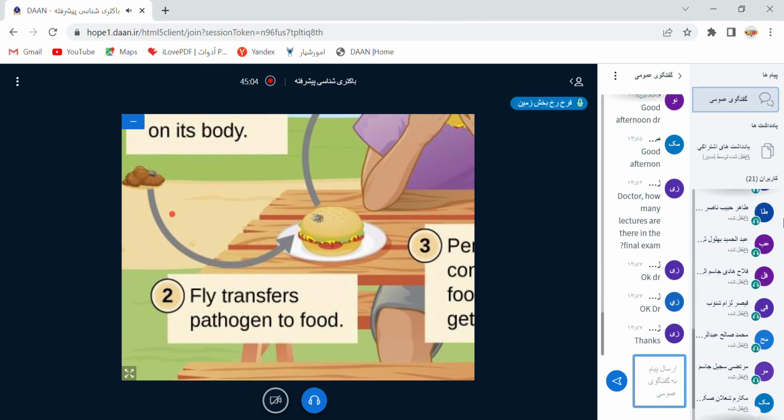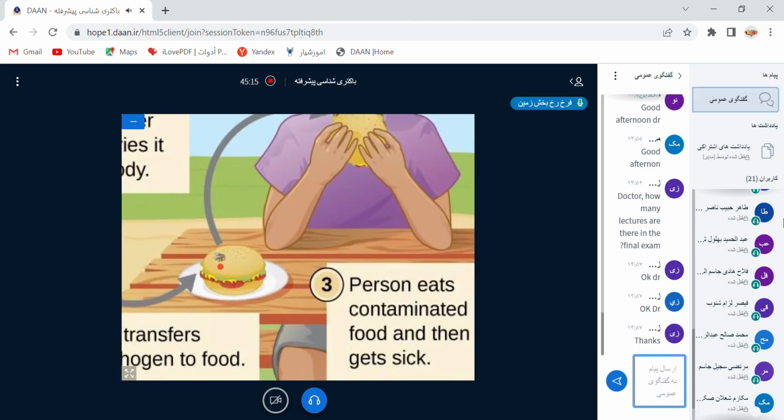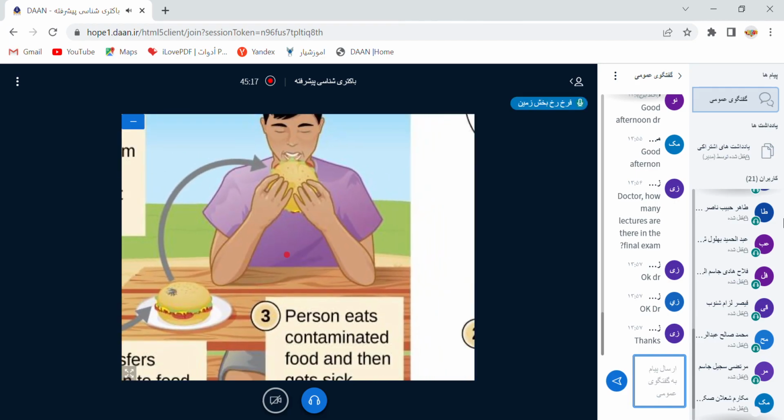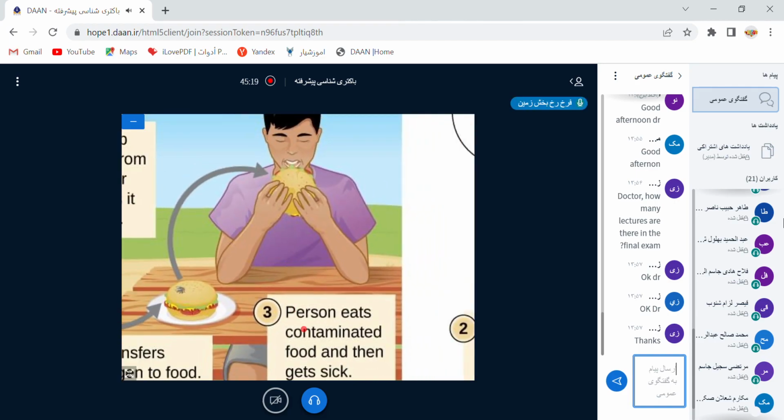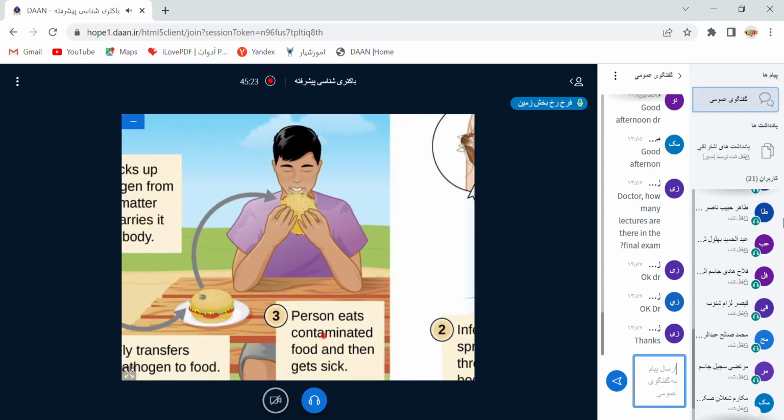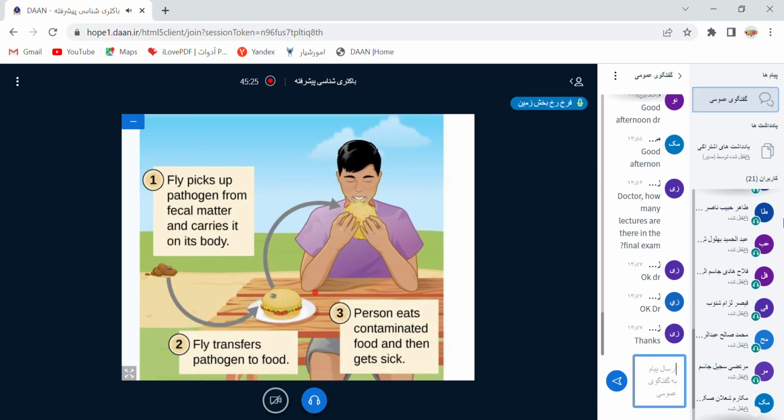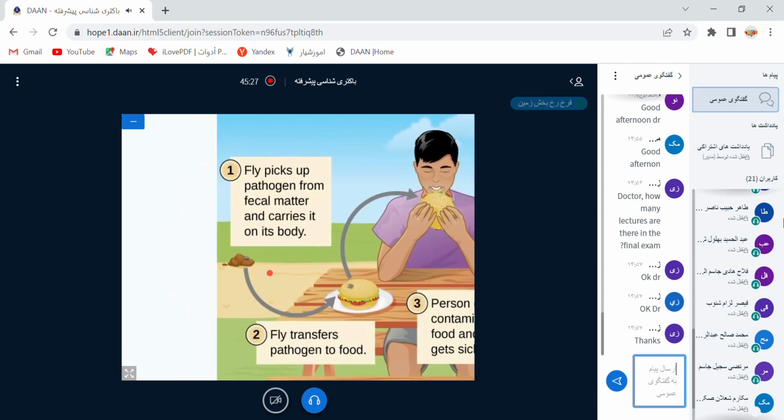Number 2, the fly transfers pathogen to food. Now the fly is there and the pathogen is on the food. Number 3, a person eats contaminated food and then gets sick.